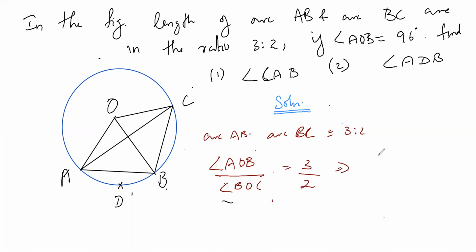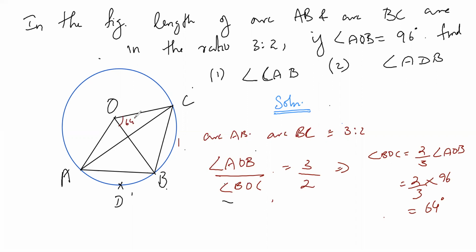This implies angle BOC is equal to 2/3 angle AOB. Angle AOB is given in the question as 96. So 2/3 into 96 is 64. So angle BOC, I know it is 64 degrees. I'll mark it here.